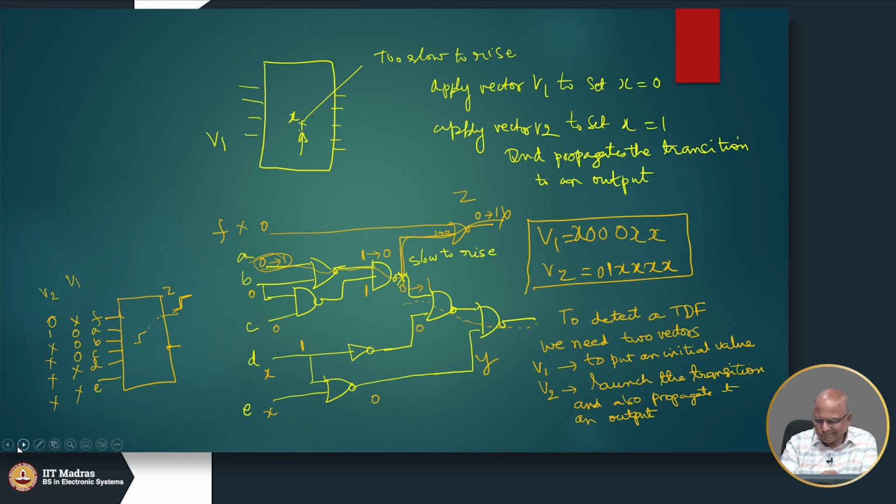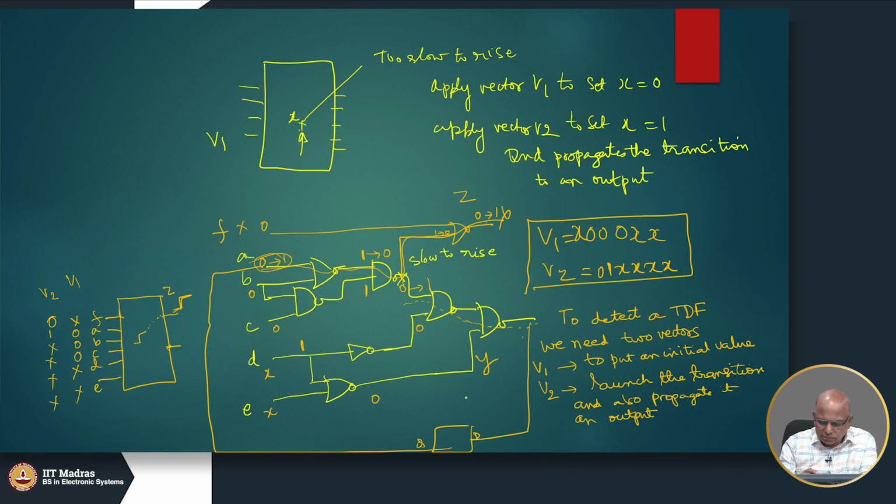Okay. Now, let us assume that this A is this guy. Okay. Let us say this is D and this is Q. So, look at what has happened. Initially, I made this 0, I made this 0, etc. I applied all zeros. That resulted in a 1 here and a 0 here.